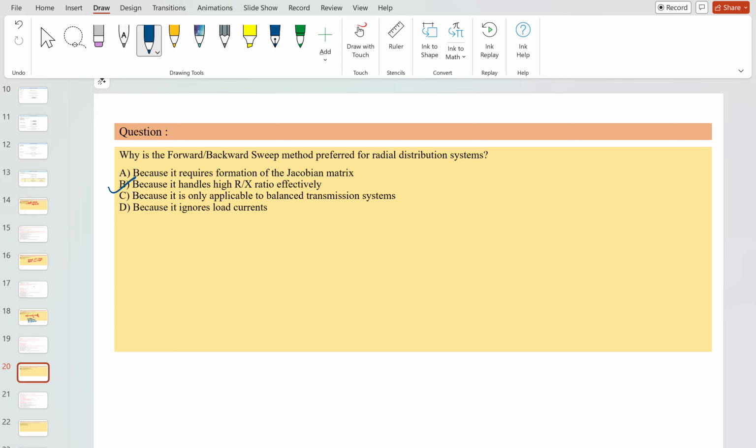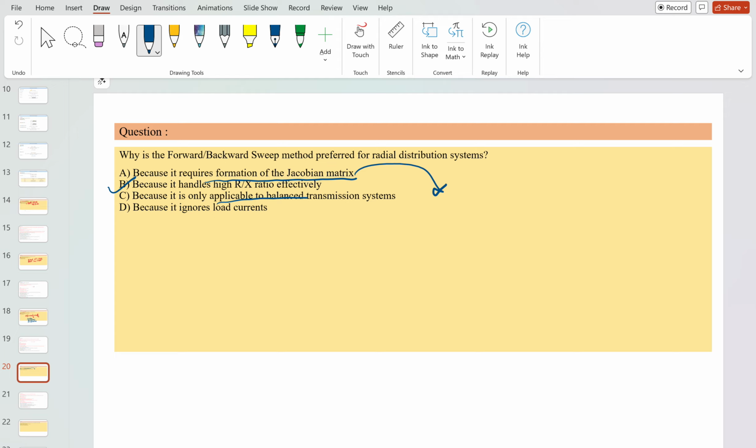Why are the others not correct? Because it requires formation of the Jacobian. No, that we have seen in Gauss Seidel or the other methods, so not in the forward backward shift.